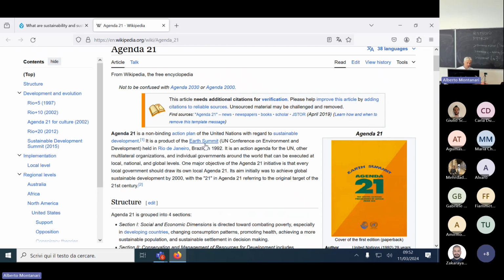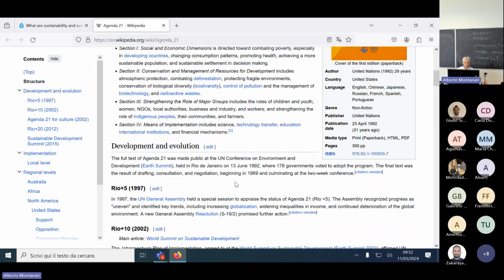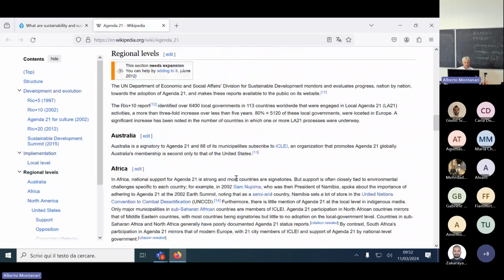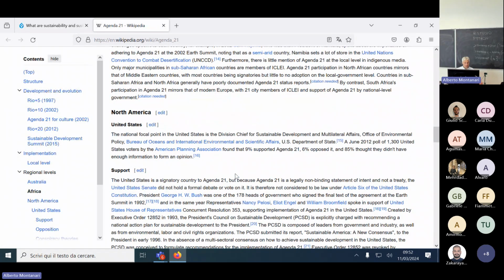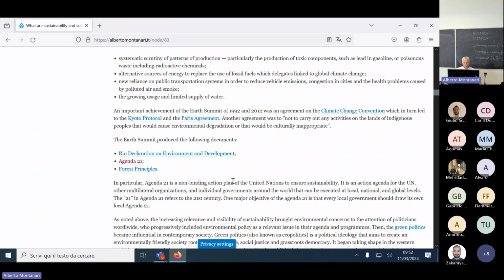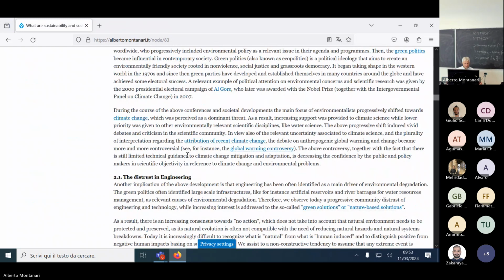It's a product of the Earth Summit in Rio de Janeiro. Basically here there is the first introduction of the targets that humanity wants to meet for sustainable development. And part of Agenda 21 are the Sustainable Development Goals.